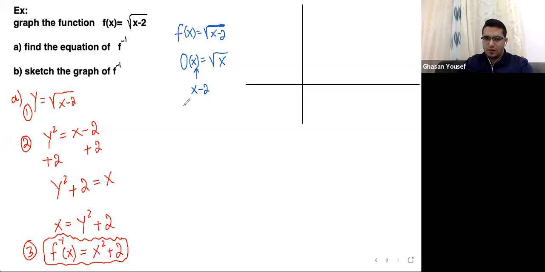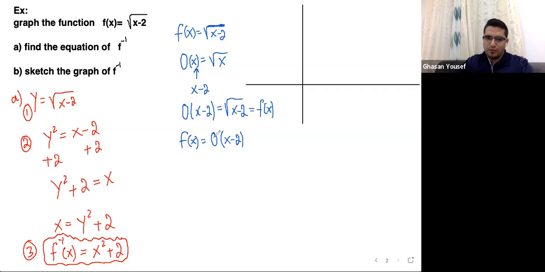If we put x minus 2, we get g of x minus 2 equals the square root of x minus 2. And this is similar to this, and this is f of x. So I can graph f of x as graphing the original function g of x minus 2.